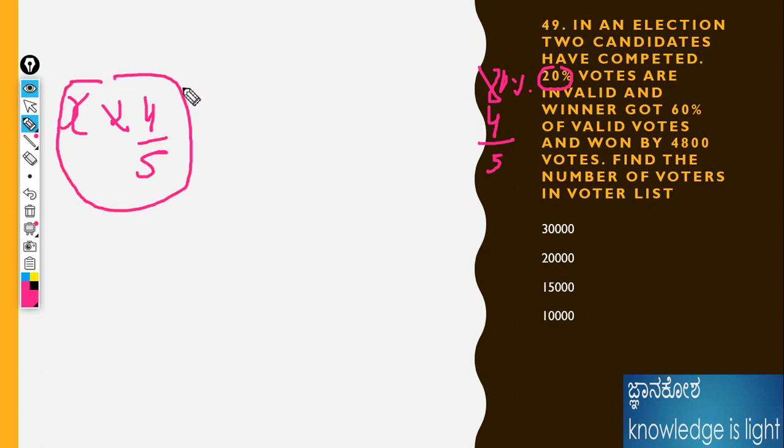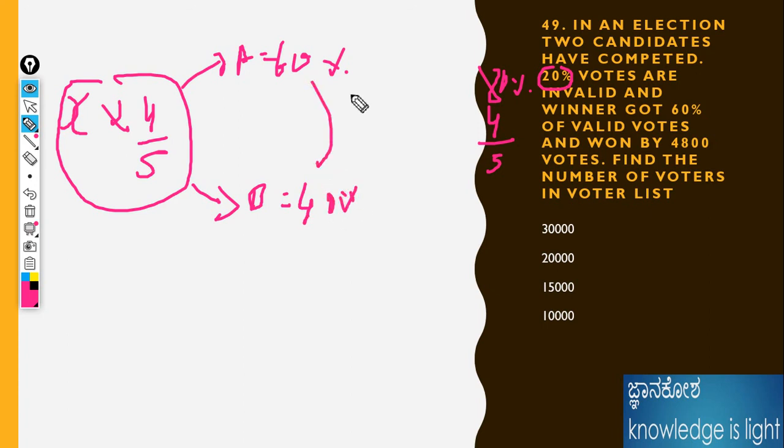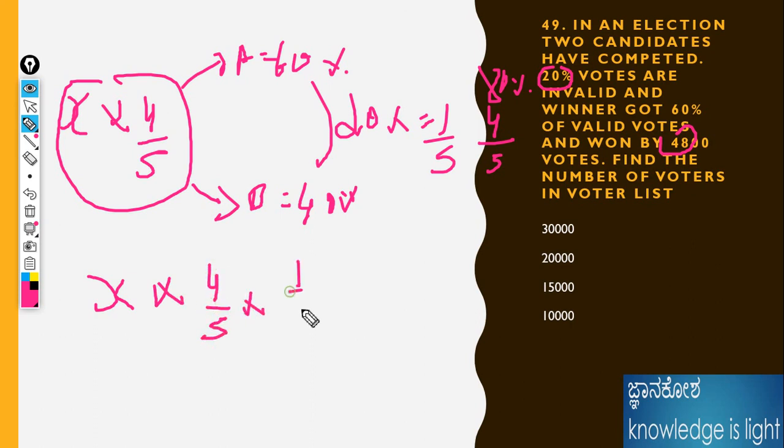Among that, A got 60%, which means B definitely got 40%. What is the difference between 40 and 60%? 20% only, which is 1 by 5. What is the amount of vote? That is x into 4 by 5, and 20%, which is 1 by 5, is equal to 4,800.